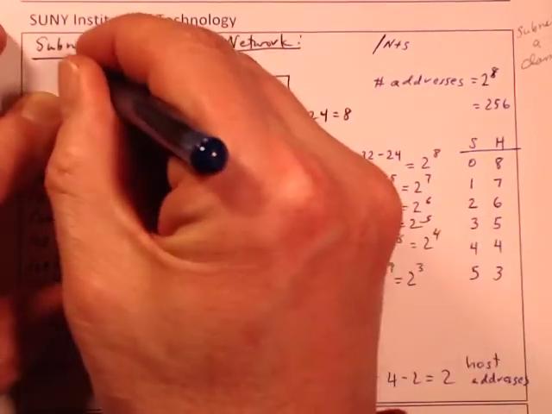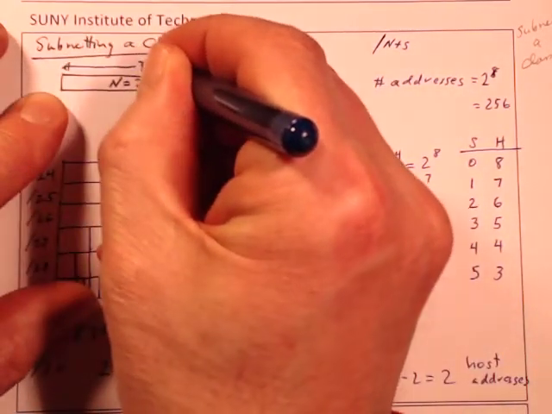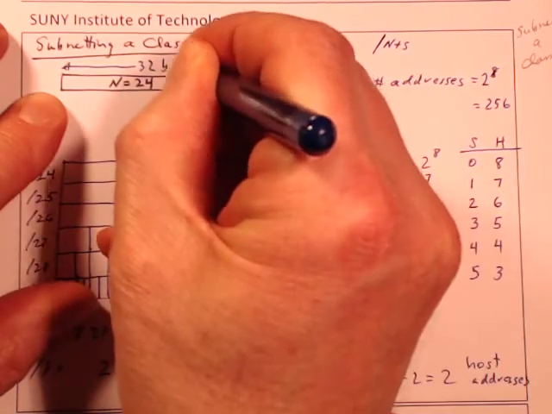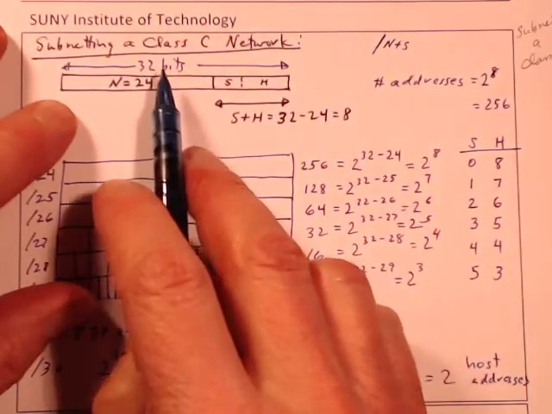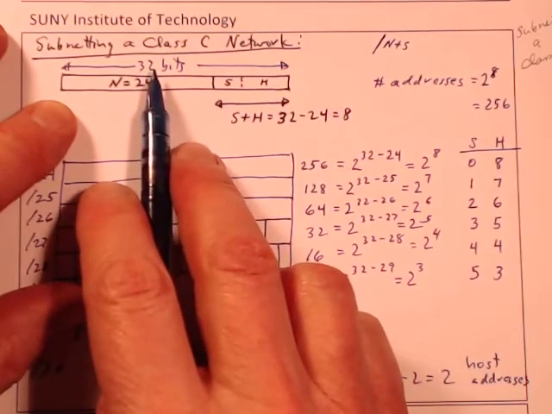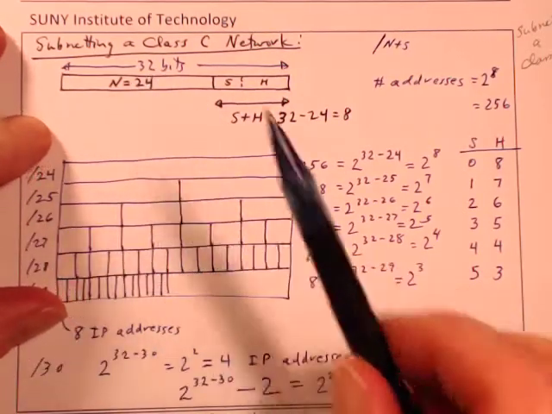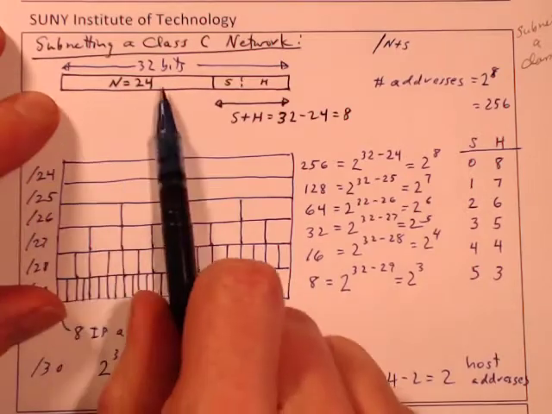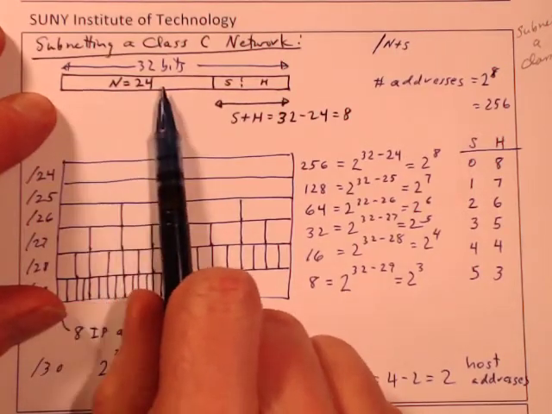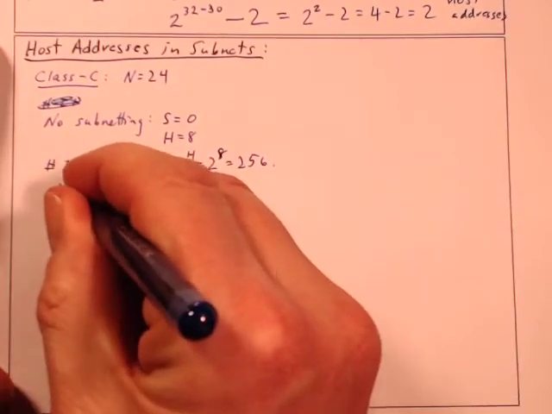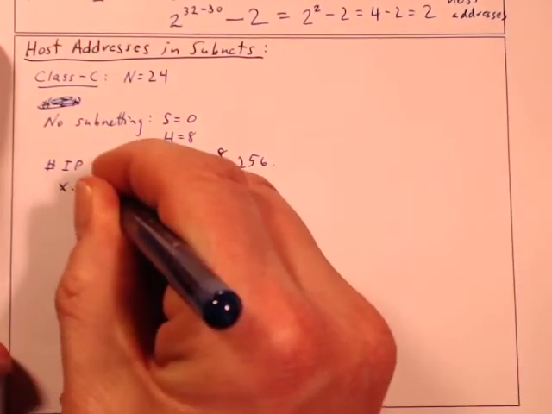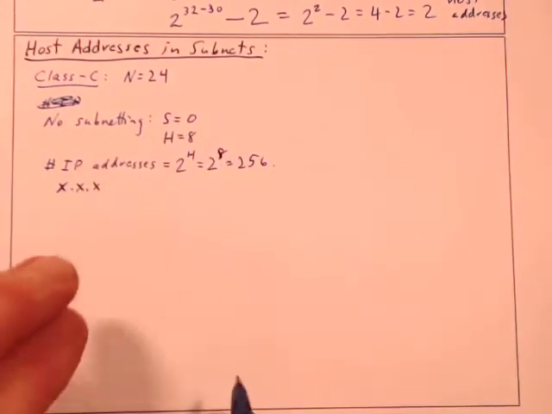It's 32 bits long, and we usually break it up into 4 times 8, that is 4 octets or 4 bytes. And so when we have n equals 24, our first 3 bytes are fixed, and I'm going to write those as x.x.x in dotted decimal notation.